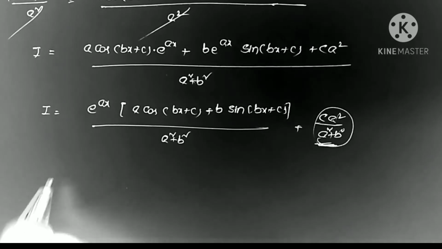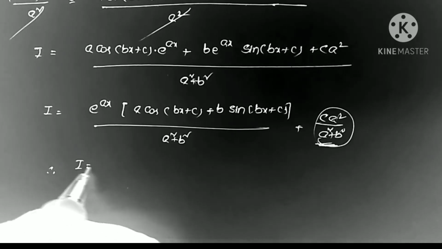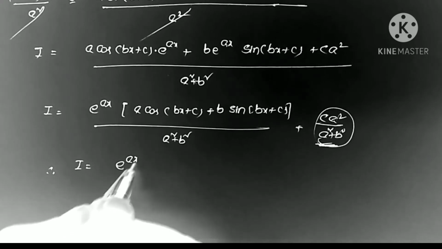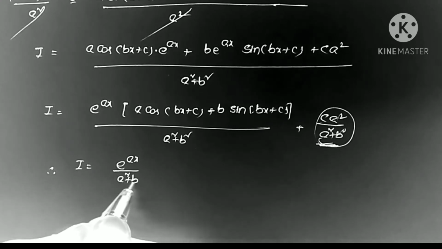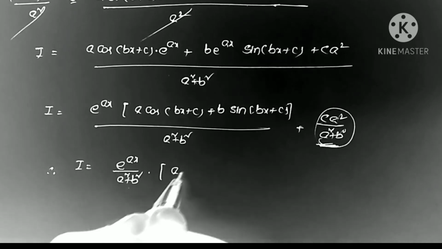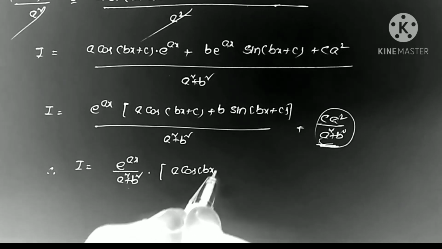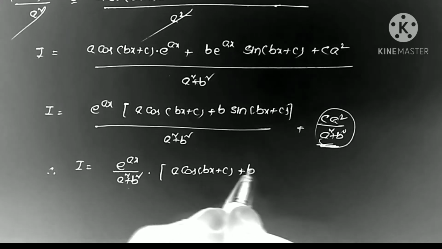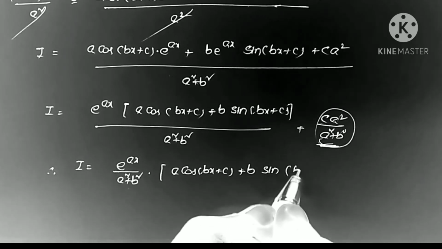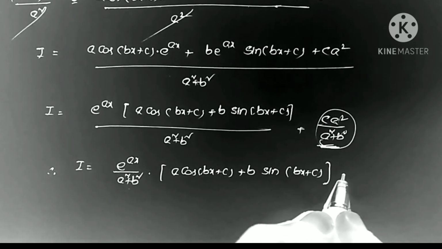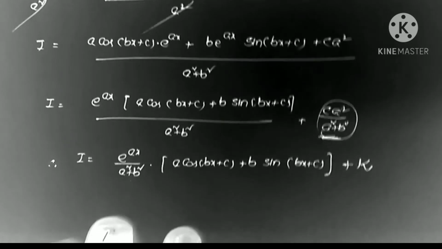This is the constant. Therefore I is equal to e^(ax) by a² + b² into [a cos(bx + c) + b sin(bx + c)] plus k, where k is the constant.